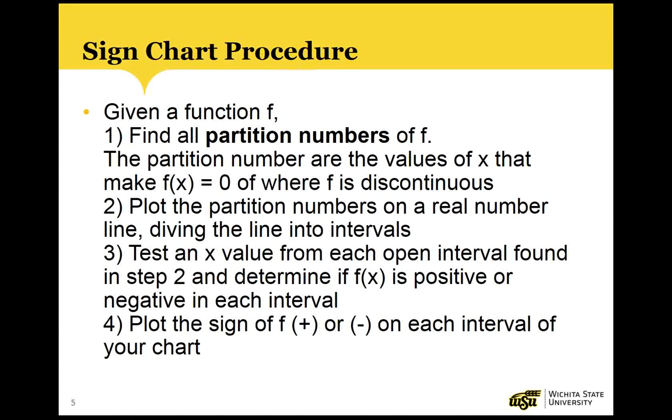You plot the partition numbers on a real number line, dividing the line into intervals, and then you choose a value of x from each open interval that we found in step 2 to determine if the function f is positive or negative in that interval. Lastly, you indicate with plus or minus signs if the function is positive or negative, and then answer your final question based on those results.